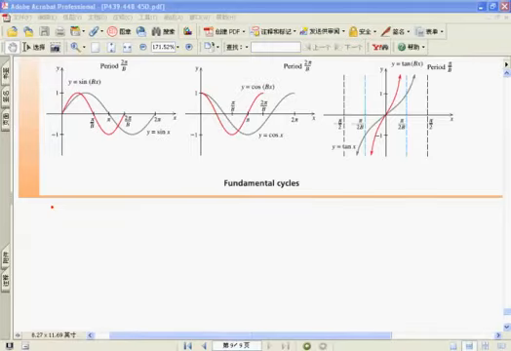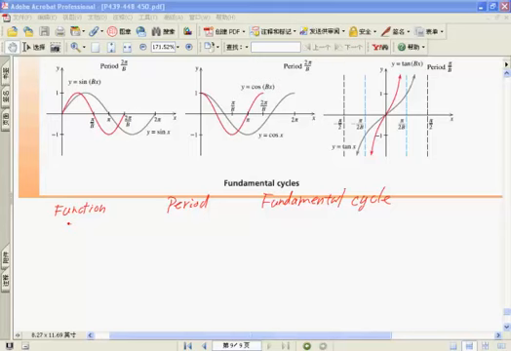Now let's summarize the period and the fundamental cycles for these three functions. First, let's list the functions in the first column, the period in the second column, and the fundamental cycle in the third column.